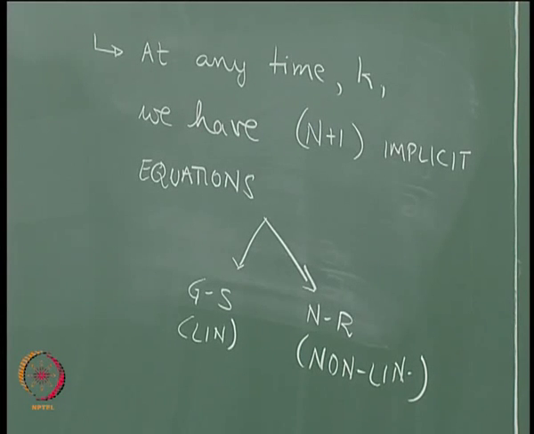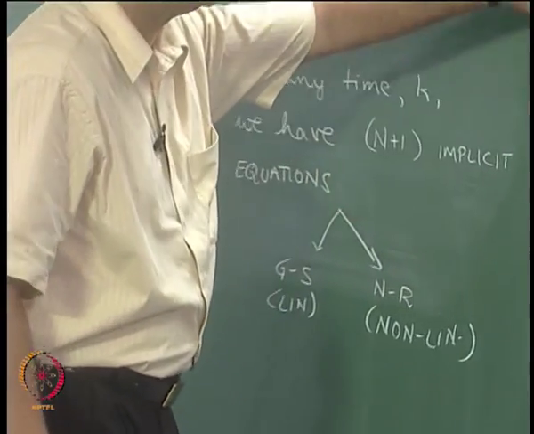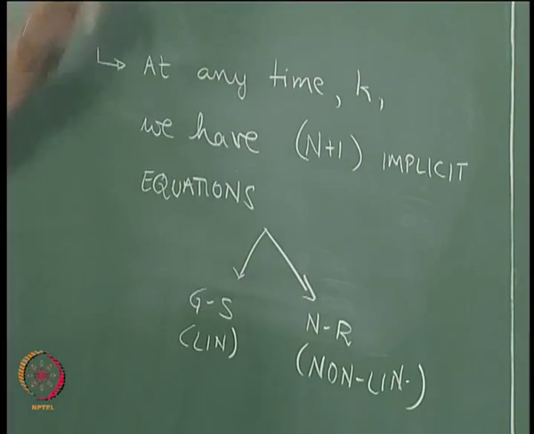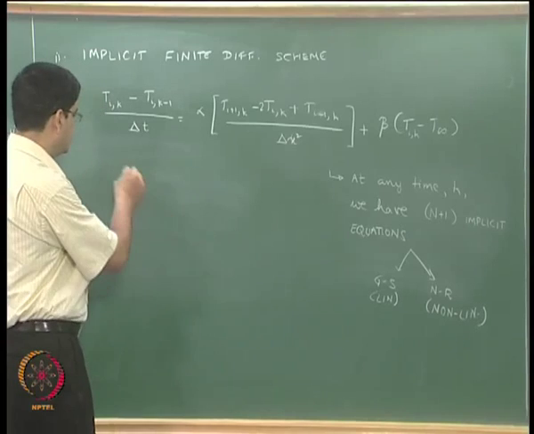And this example is an example of a linear equation, and this linear equation in n plus 1 unknowns we can solve using any of the linear techniques such as the Gauss-Seidel or the Gauss elimination method. So these are the two different finite difference methods: a fully explicit and a fully implicit scheme. Now the advantage of the fully implicit scheme is that it is a globally stable method.